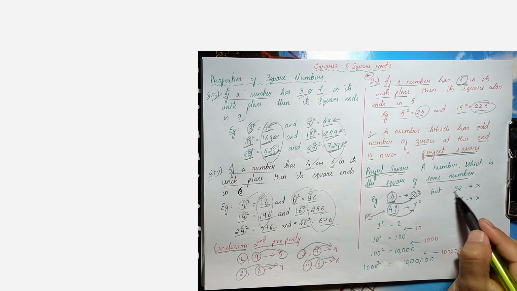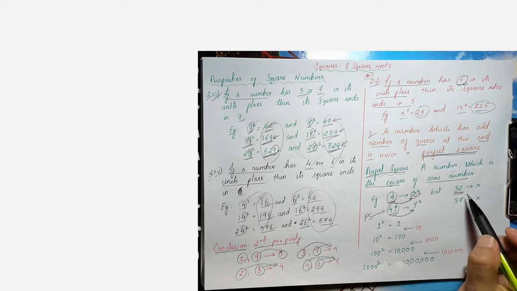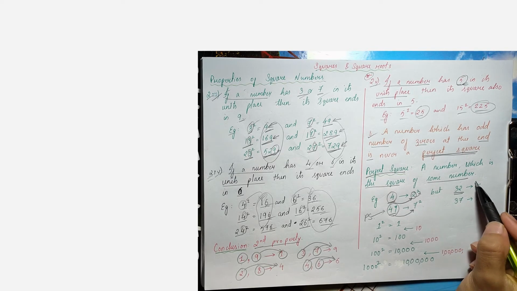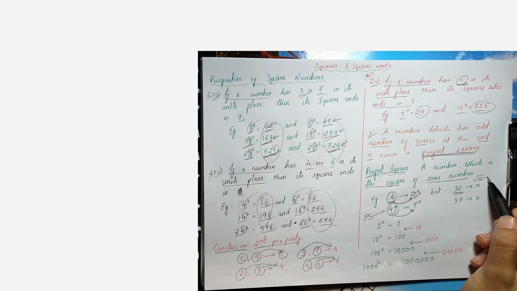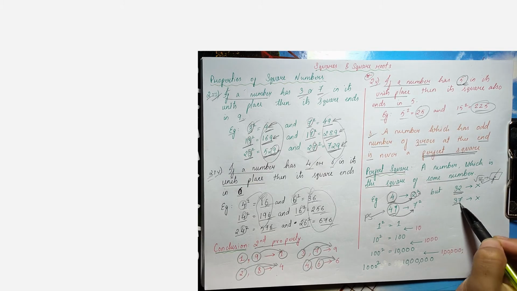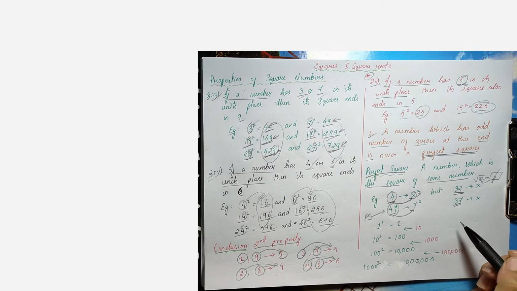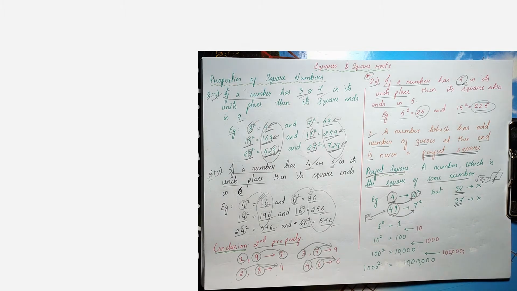But 32 is not called a perfect square. We do have a square root of 32, but the number will have a decimal point in the answer. Hence we don't consider these to be perfect squares. Now that we have understood what a perfect square is, let us understand this third property.